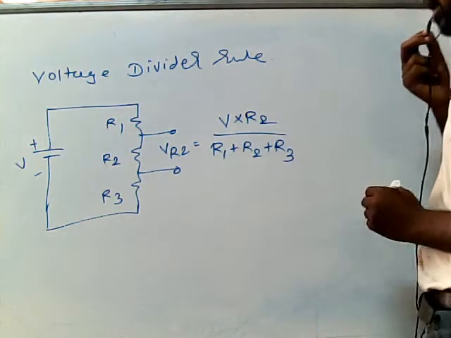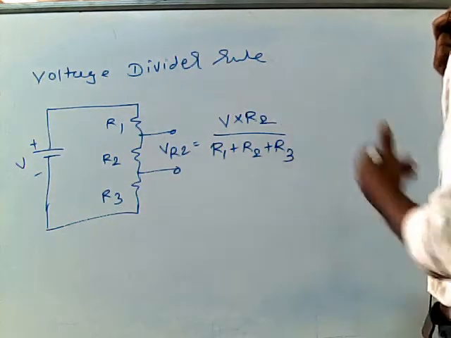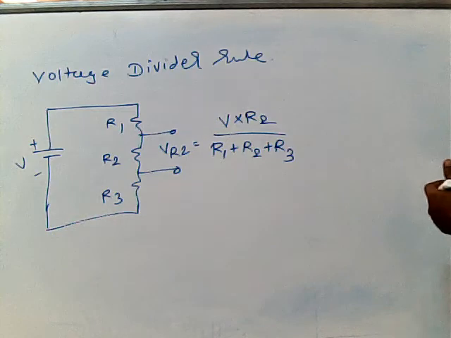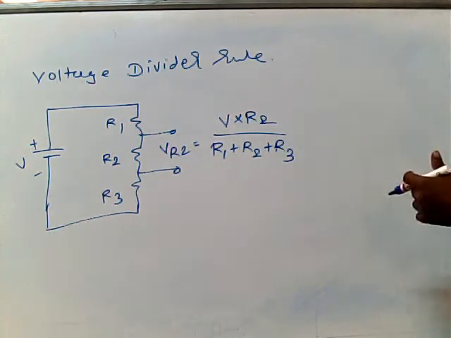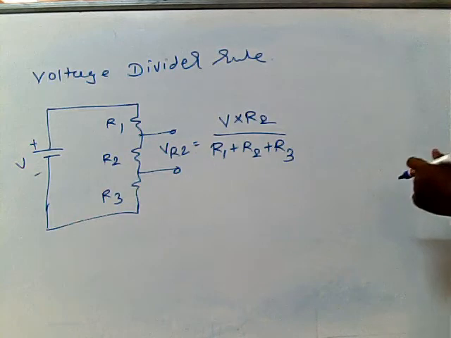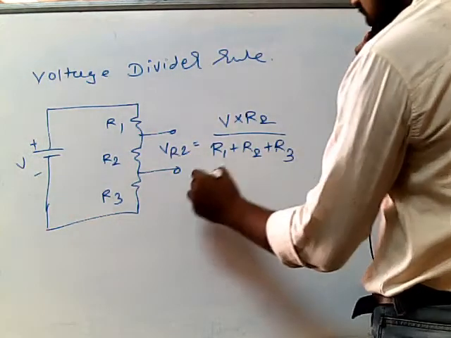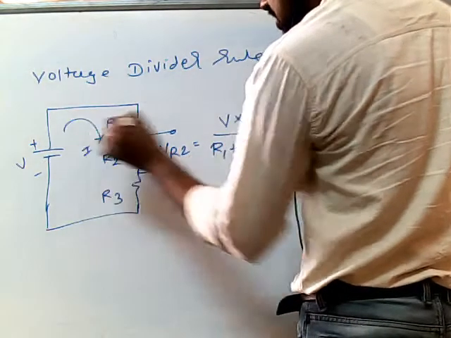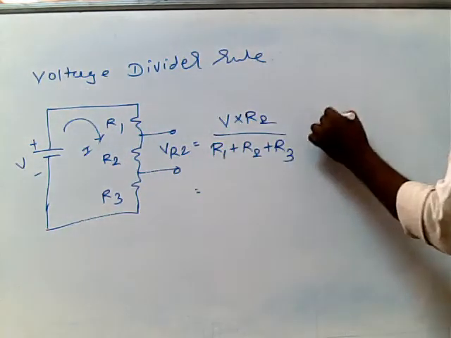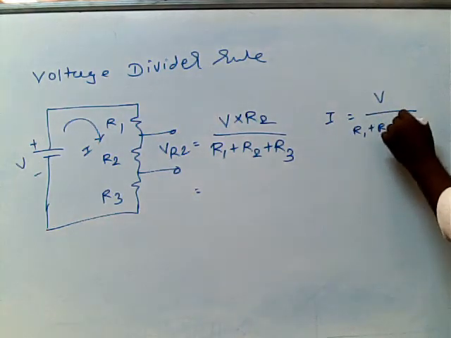So V into R2 divided by the total resistance, that is R1 plus R2 plus R3. Now if you see this equation, you will verify that this is nothing but Ohm's law. If we simplify it, what we have actually found is the current of this network. Say this current is I. Now what is I? I is nothing but V divided by the total resistance, R1 plus R2 plus R3.